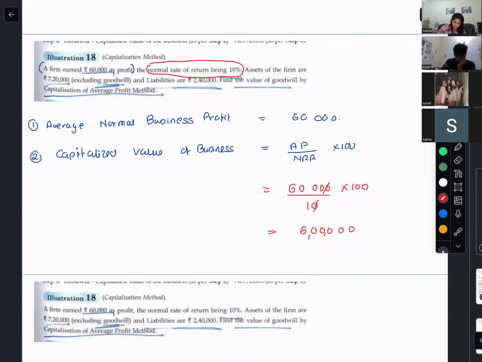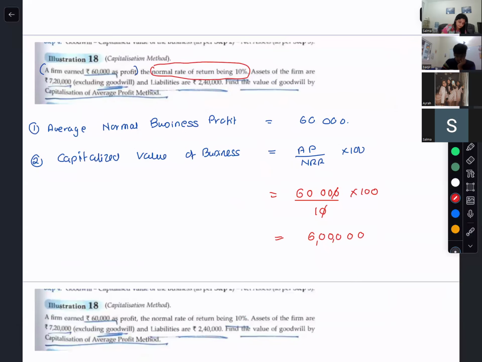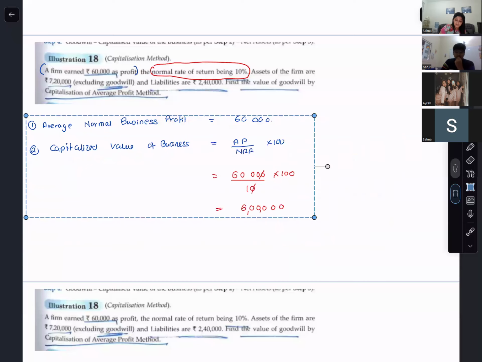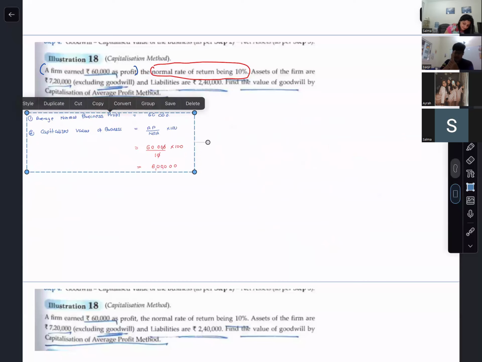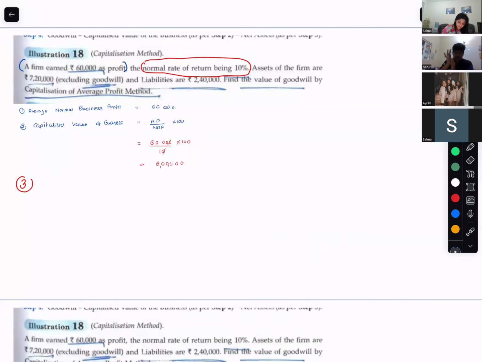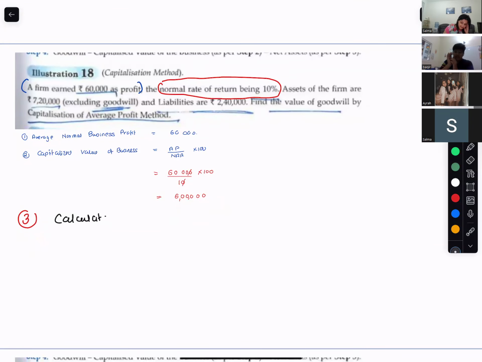What is your step number 3? Calculate your net assets. How do you calculate your net assets? All assets minus outside liabilities. But at which value?